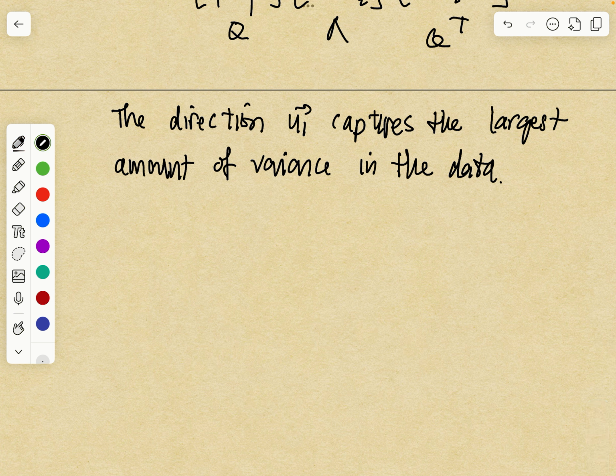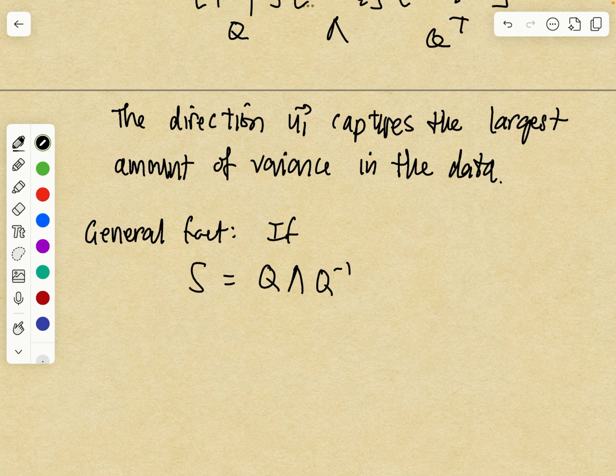And there's a general fact that we can use: if S is Q lambda Q inverse, then the sum of the diagonal entries, which is called the trace of S, is equal to the trace of lambda.